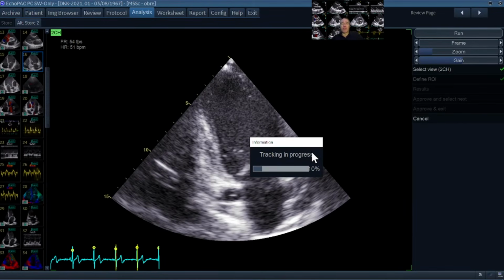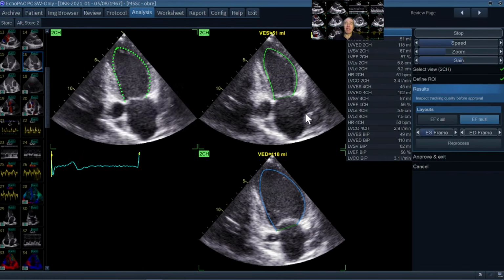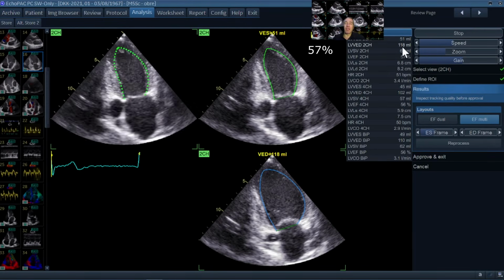I press on process, and now the second plane is analyzed and added, and we obtain an ejection fraction here in the two-chamber view, automatically identified, of 57%, and an end-diastolic volume of 180 milliliters.